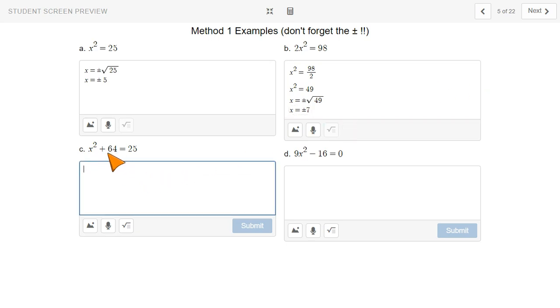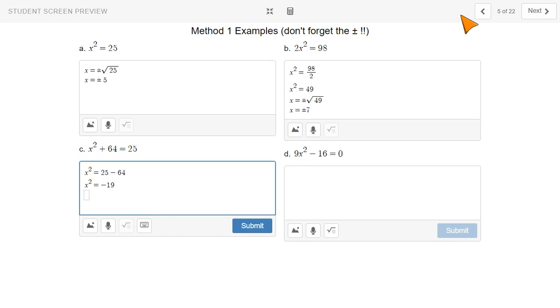Once again, another question with algebra. We're going to take the plus 24, rearrange it. X squared is equal to 25 minus 64. X squared is equal to negative 39.